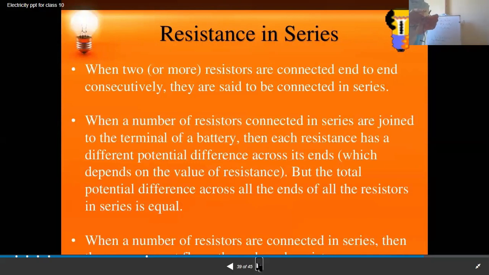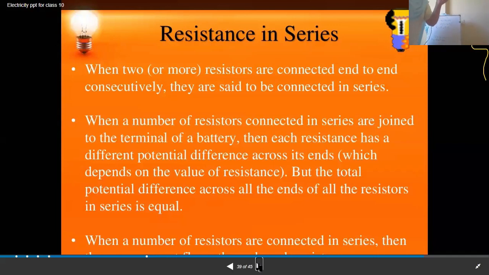For example, if we analyze this component, this bulb has two terminals, right? 1 and 2. One we will connect here with this, then another terminal we are going to connect with this bulb, and another terminal with this.